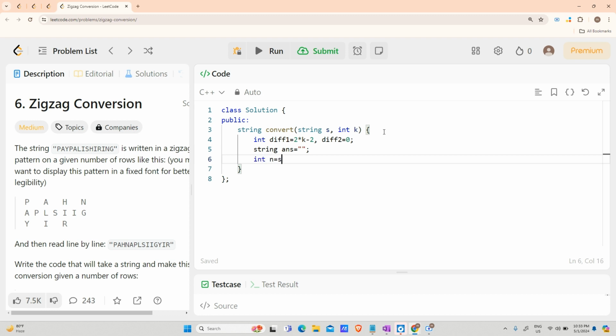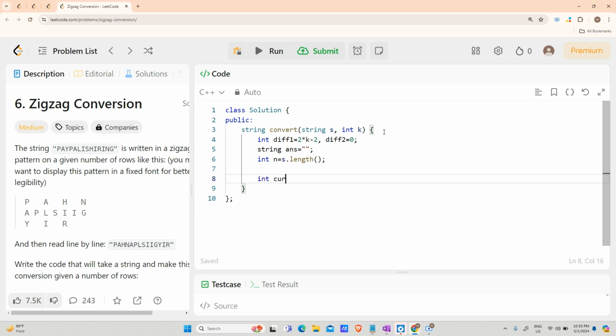Now int n equals to s dot length. Now my cur will start from 0, and while my cur is less than n, that is the total length of the string, answer plus equals to s of cur. Now cur increases by the first difference because that is for difference going up, down, etc. Right? cur plus equals to diff1.